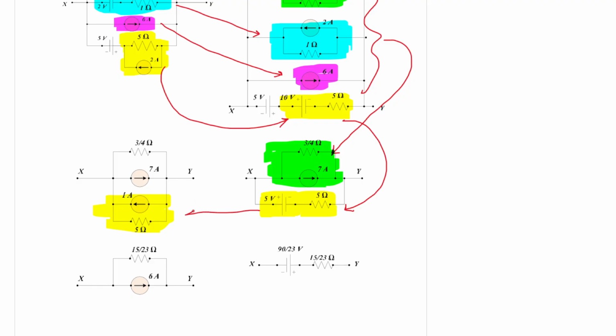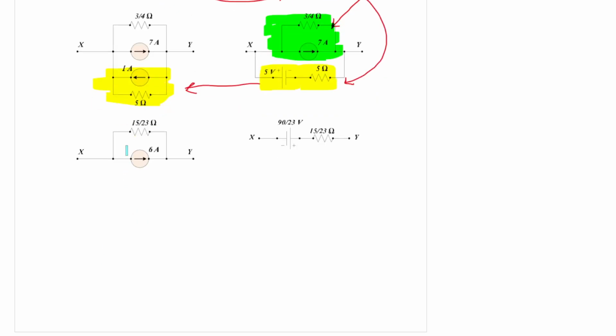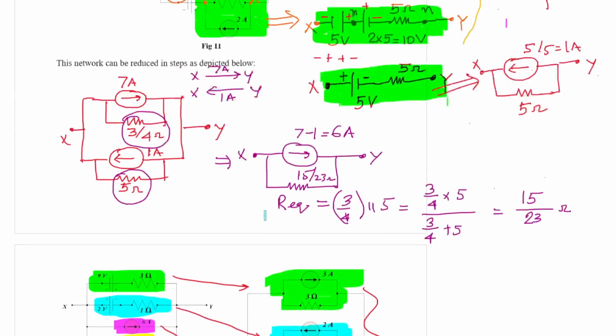From there onwards the net current flowing is 6 ampere, and the net resistance will be 15/23 ohm. So till this point we have solved.